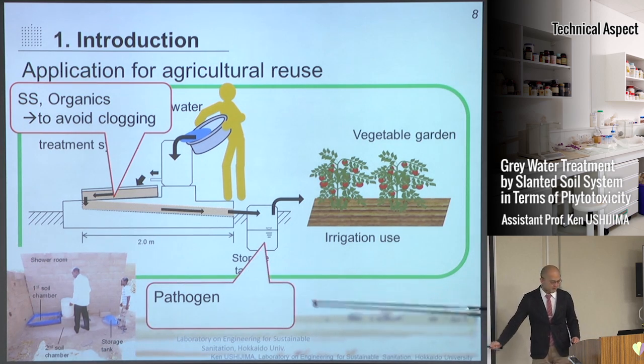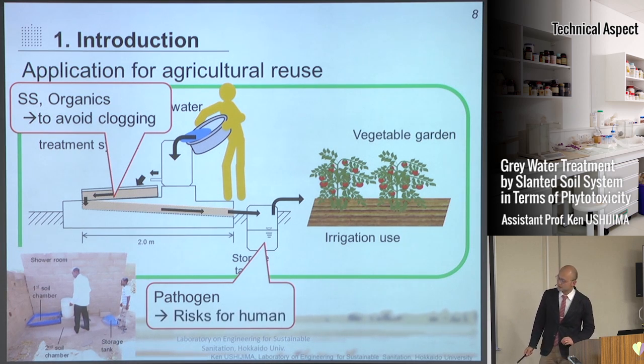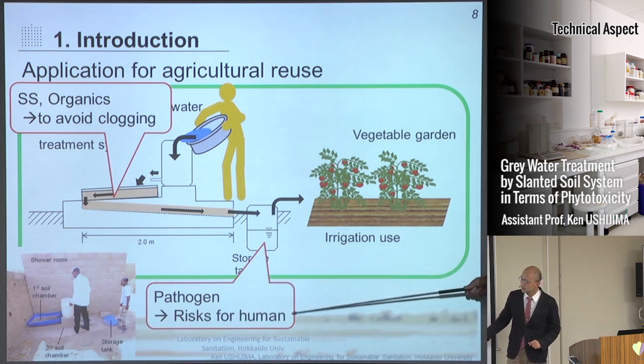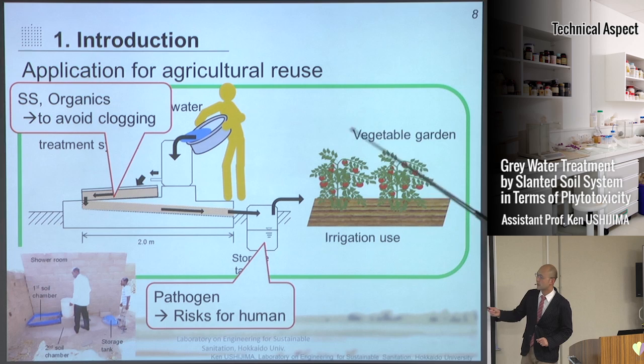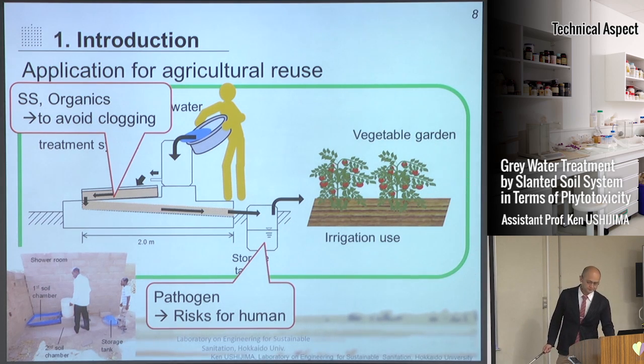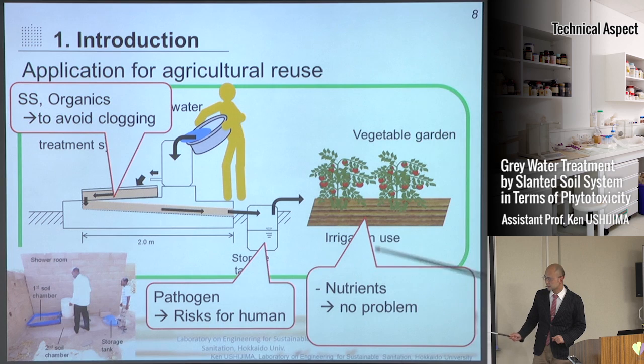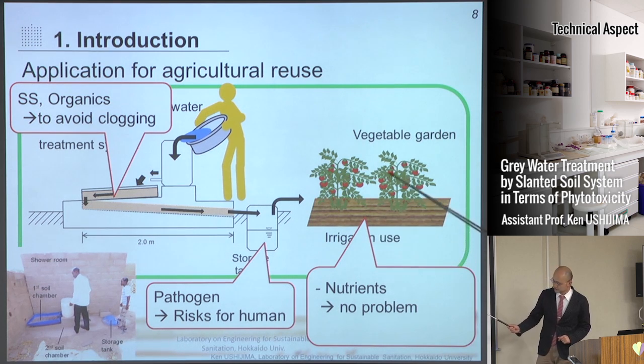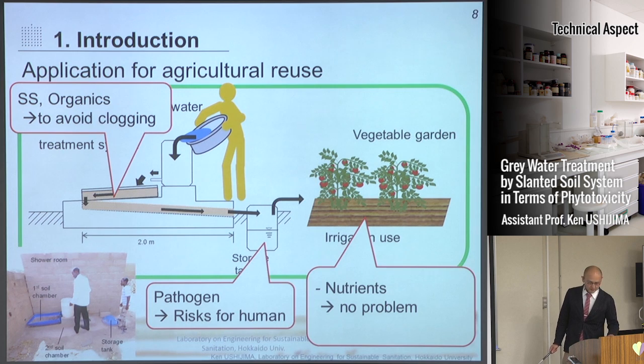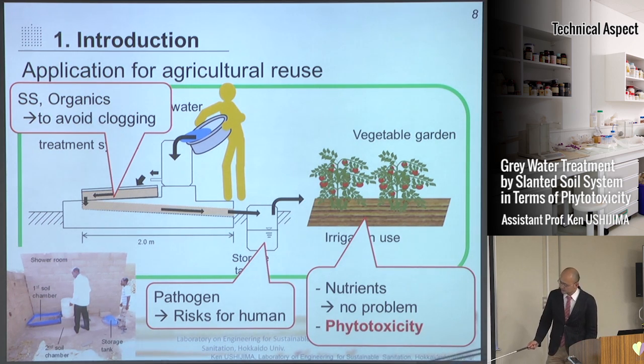Pathogens are also important, but this is a risk for humans working in agricultural activity. Regarding nutrients, in the agricultural field this is not a problem. But another compound will be the problem. This is phytotoxic material, such as detergent.